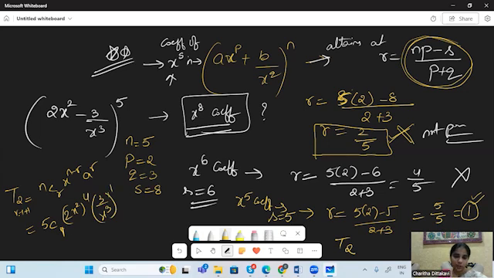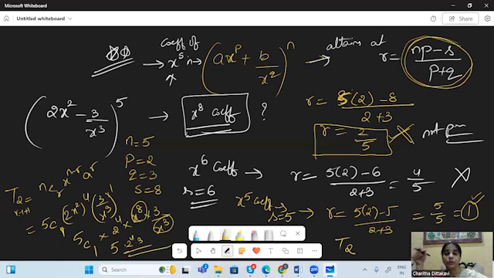So here you'll have 5C1 into 2⁴ into x⁸ into 3 by x³. So these together give your x power 5. So your coefficient is 5 into 2⁴ into 3. For getting the coefficient, you have to decide the position in which that power will be coming. Hence you can go with r = (np − s)/(p + q). Clear?